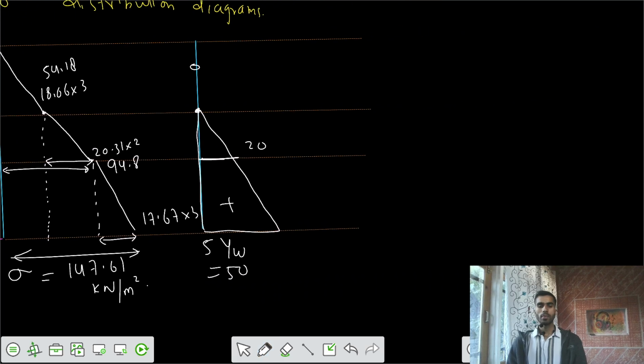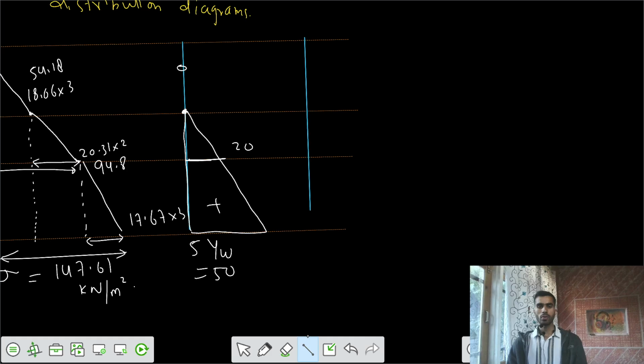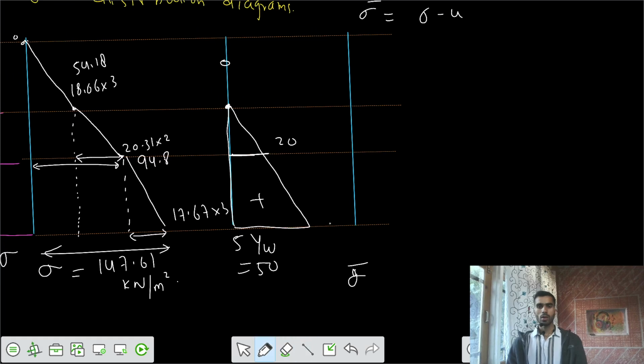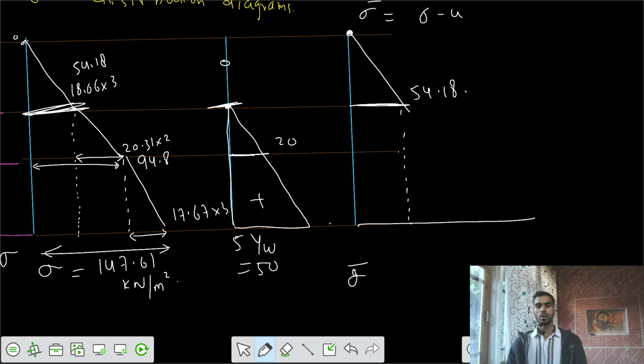Is that easy? Let's go for the third one, that's effective stress. That is the difference of the two. Effective stress, sigma bar, is sigma minus u. So 0 at the top, 0 minus 0. After that, 54.18 minus 0, so that's 54.18. After that, it would become a surcharge for the soil below.